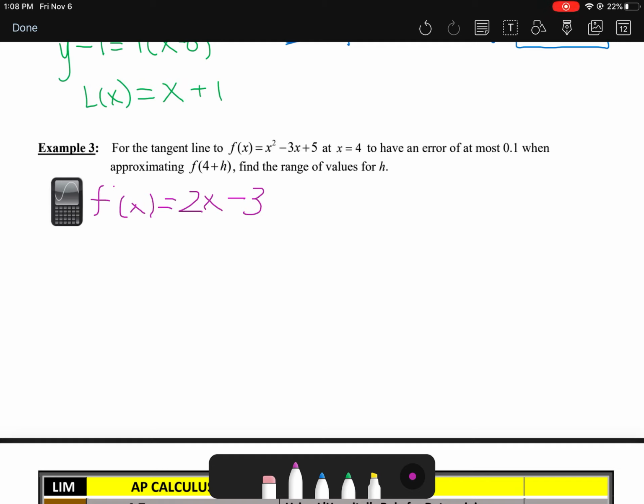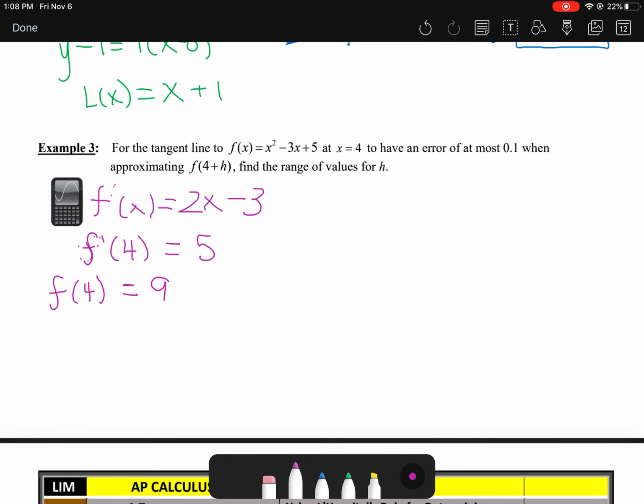Okay, now I'm going to find the derivative at, again, we're looking at 4. So I have f prime of 4, so that gives me 5. Now I'm going to go ahead and do f of 4. Okay, when I plug in f of 4, I get 9.